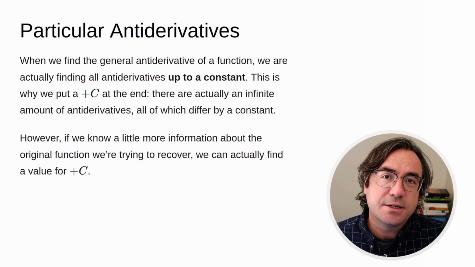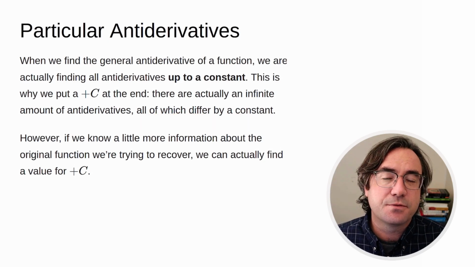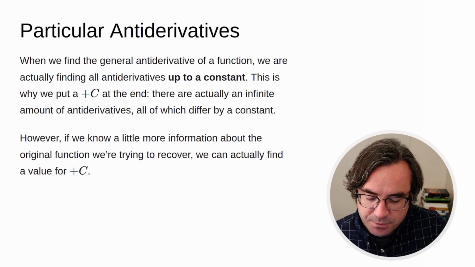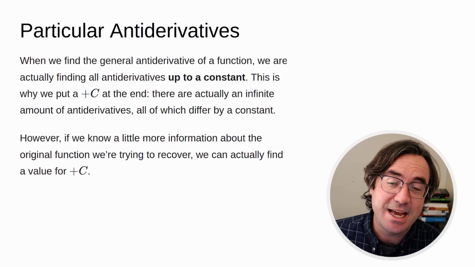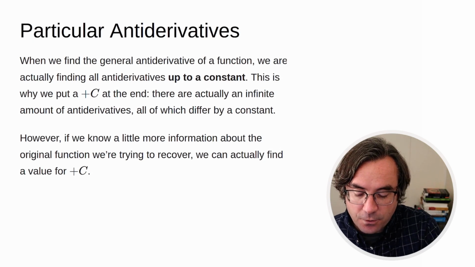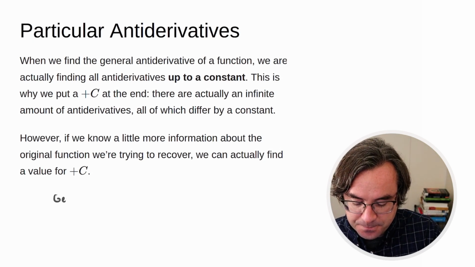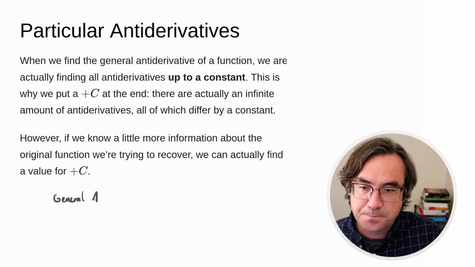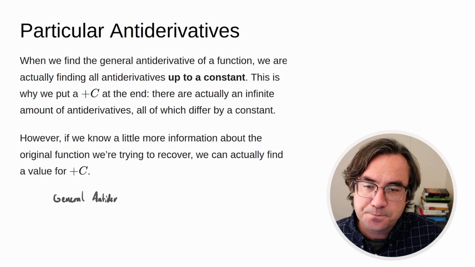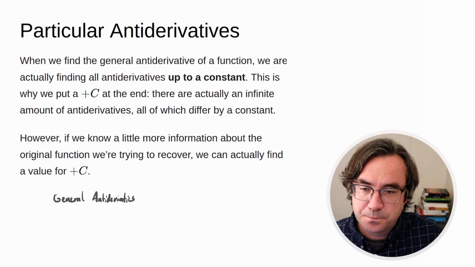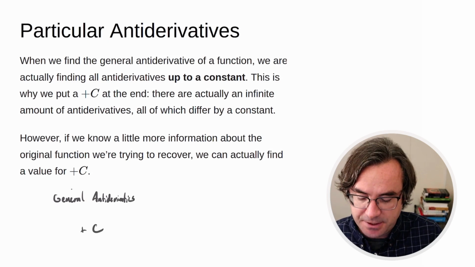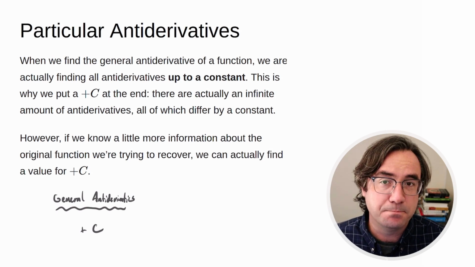So rather than trying to distinguish between all these very similar functions, we just put a generic plus c at the end. So for our general antiderivatives, we're going to put plus c, as we've been doing.